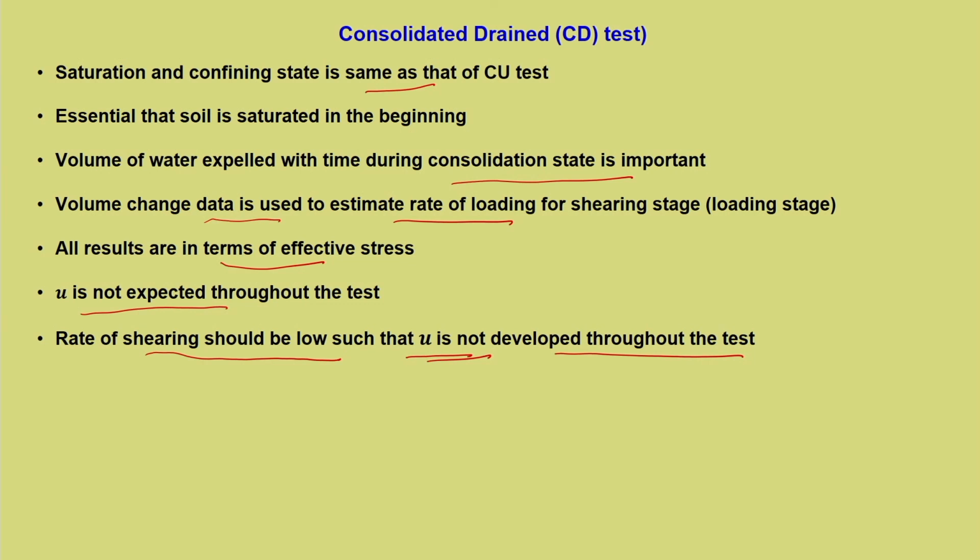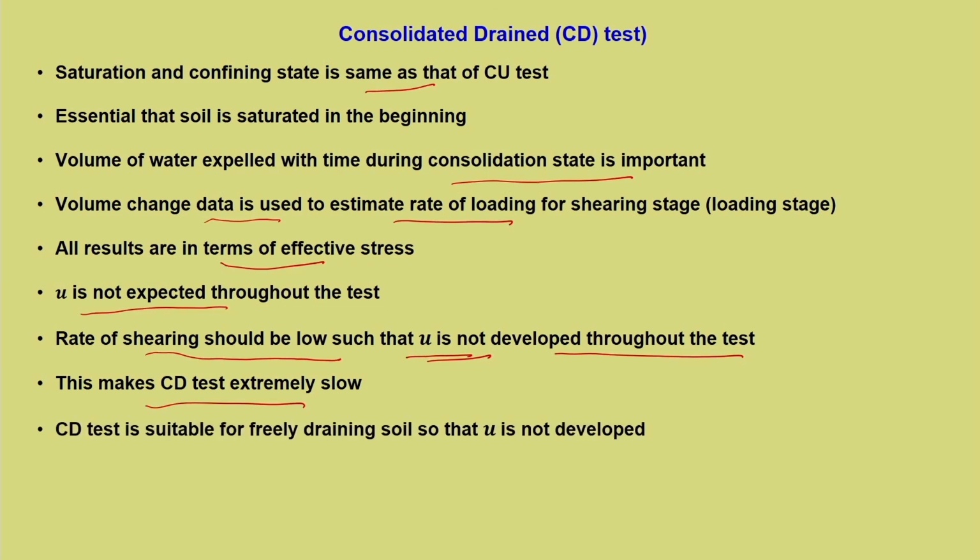Here we need to ensure that no pore water pressure gets generated during loading. Hence, the shearing rate should be low, so that it does not allow any pore water pressure to develop. So, this makes the CD test extremely slow. The CD test is suitable for freely draining soil so that U is not developed, especially sandy soils, where the CD test is generally conducted.